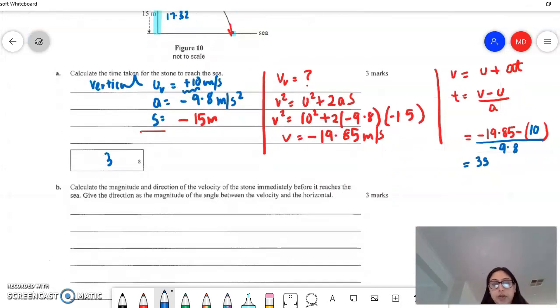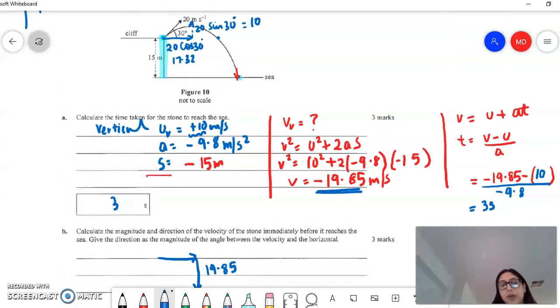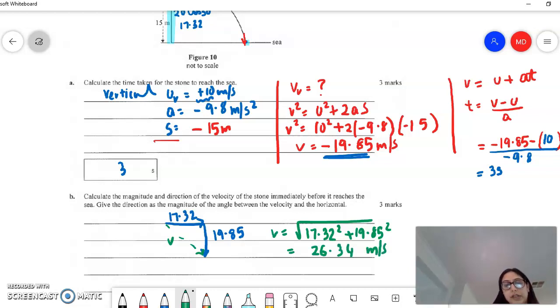Now, we need to find the magnitude and direction of the velocity as it reaches the sea. Remember, at any given position, the velocity is the resultant of the horizontal and the vertical components. We've just found that the vertical velocity is 19.85 downwards when it hits. Horizontal stays constant throughout. So what was the horizontal component to begin with? 17.32 to the right. So we now need to find the resultant. The resultant is the square root of 17.32 squared plus 19.85 squared, which is 26.34 meters per second.